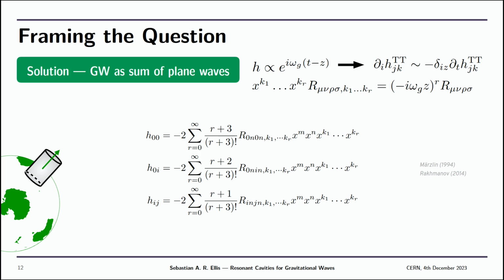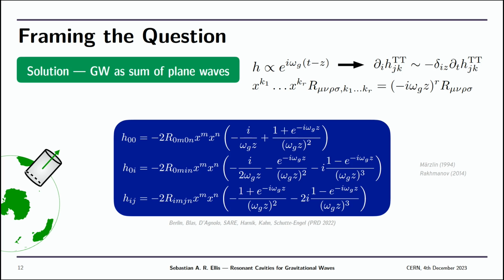So the key note to take was that if I just say that my gravitational wave is a superposition of plane waves traveling in a single direction, then any spatial derivative acting on Riemann, where the notation is that these commas are derivatives of Riemann with respect to the index k1 or kr or whatever, then I can just resum all of these expressions into something much more compact. So now I have, for a single gravitational wave propagating in the z direction with a frequency omega_g, I can write down the metric.